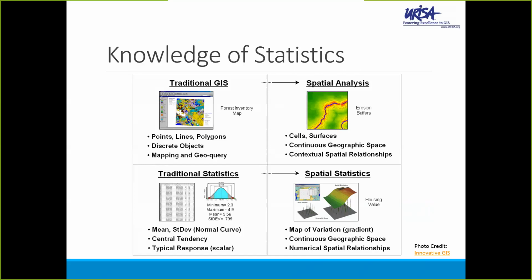So traditional GIS, you start with points, lines, polygons, and then with the spatial analysis, you use all those layers together to create a generated spatial relationship. So traditional statistics, when you're using standard deviation, a lot of those times will help you with visualization.